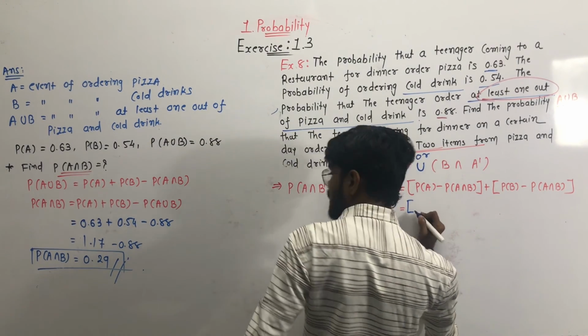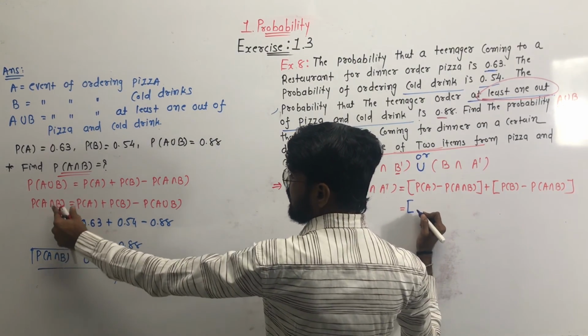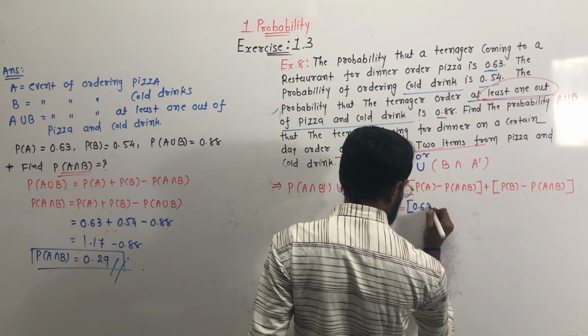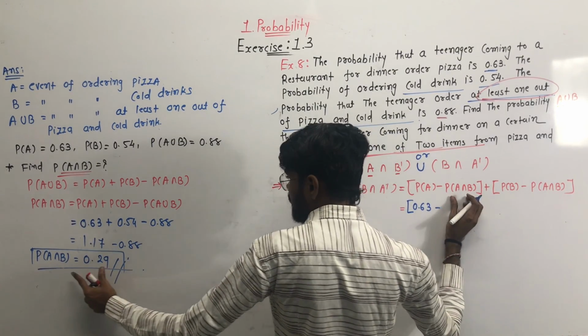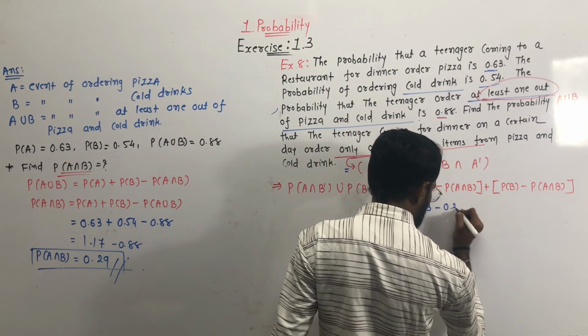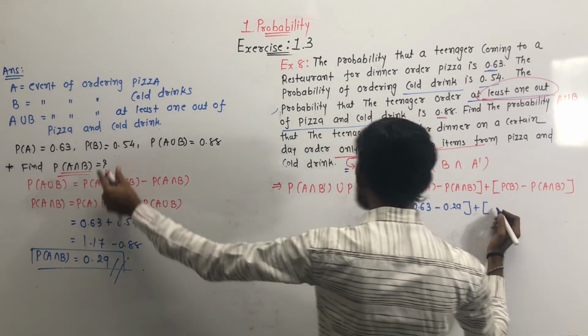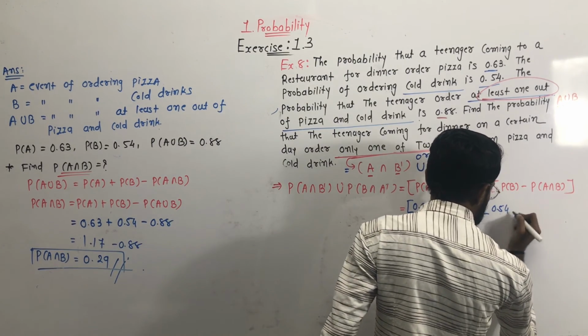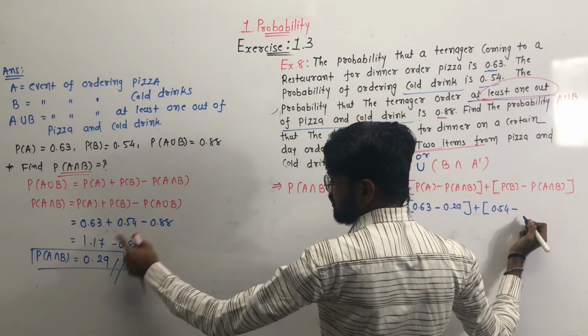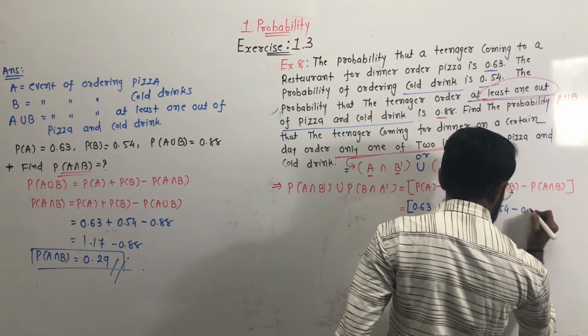P of A is equal to 0.63, minus P of A intersection B is equal to 0.29, plus P of B is equal to 0.54, and minus P of A intersection B, 0.29.